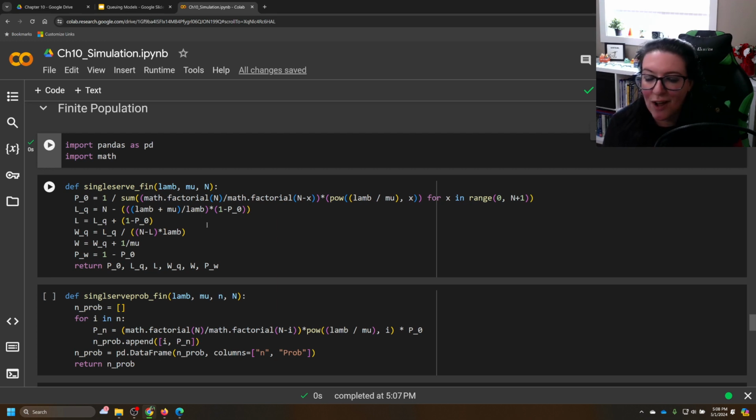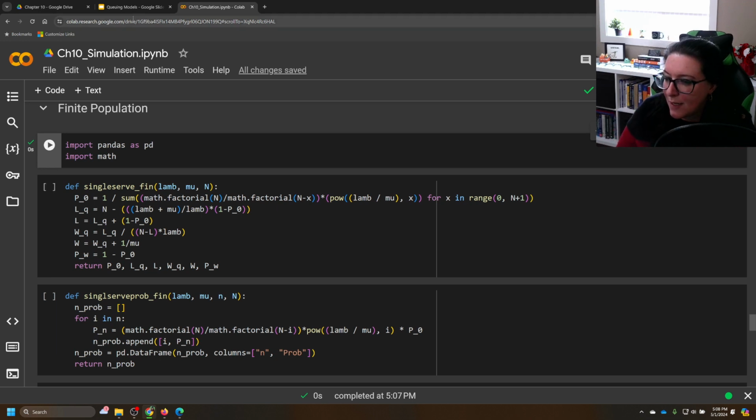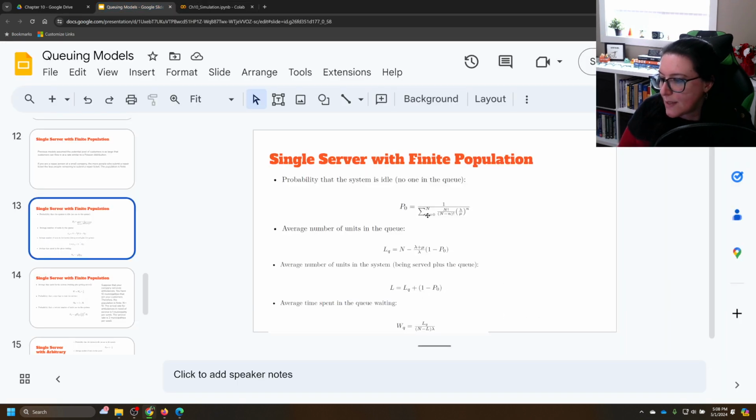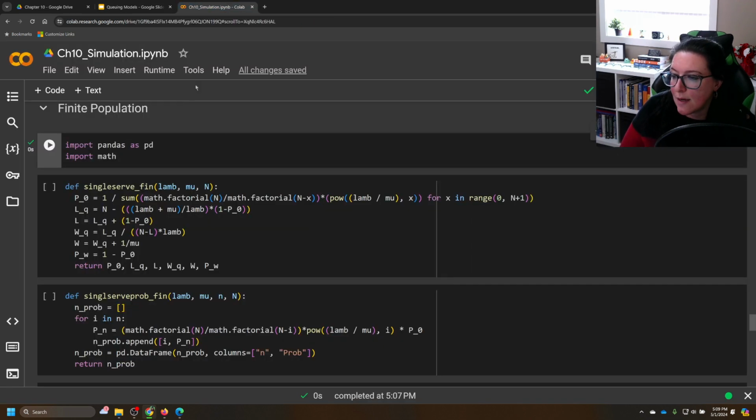You can see that math.factorial, that's the n with the exclamation mark after it in our formulas. And you can see that it has this sum from n equals 0 to capital N. What we're using to do that summation is we're actually creating a loop.